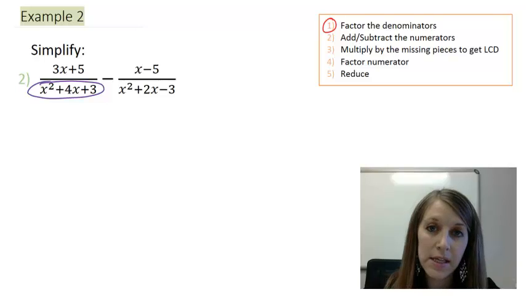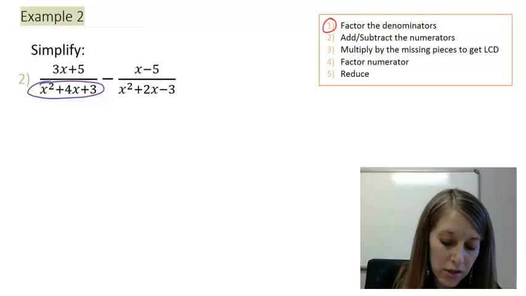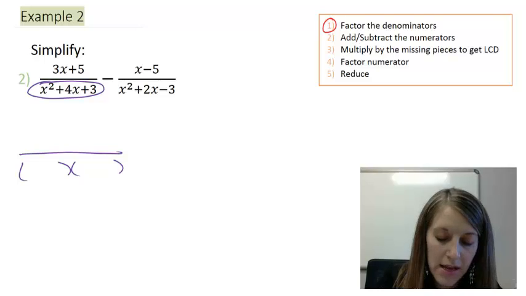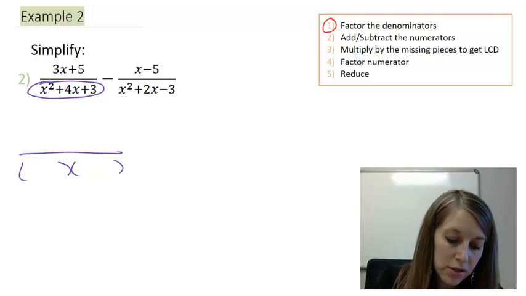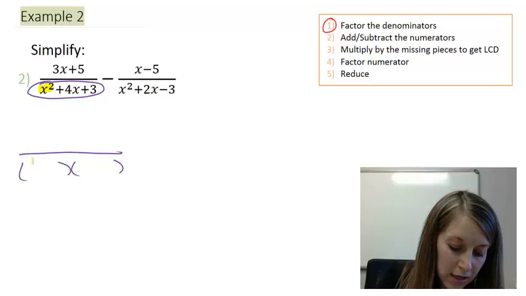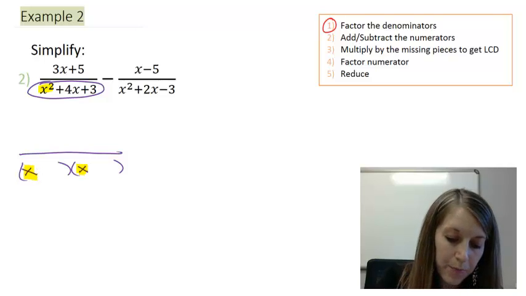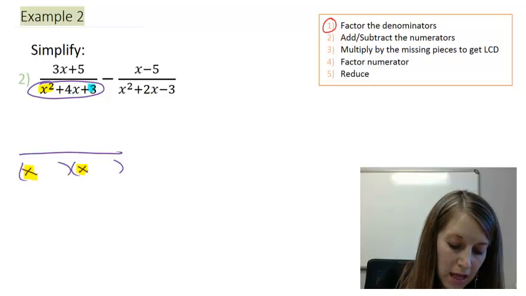It is in descending order. I do not have any common factors. I have 3 terms, so I will factor this as a trinomial by setting up my parentheses and working that FOIL process backwards. Factors of my first, or x squared, go in my first places. I only have one choice of x times x. Factors of my last, which goes in my last place.